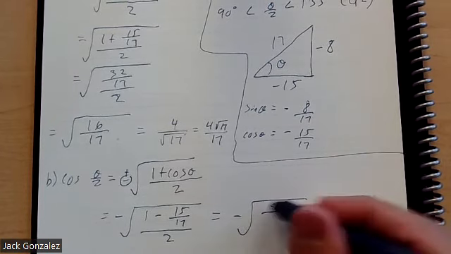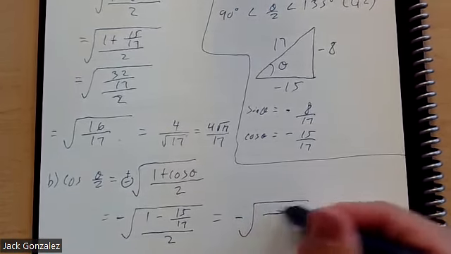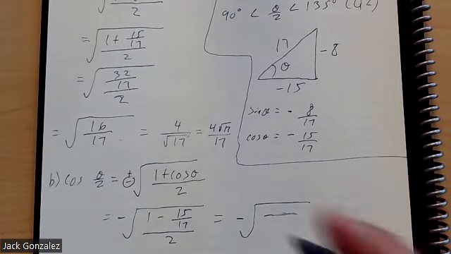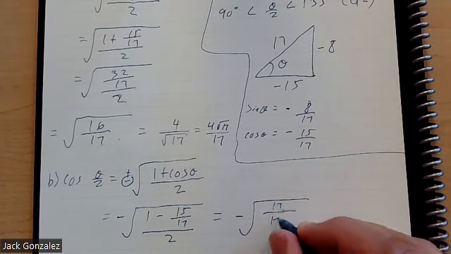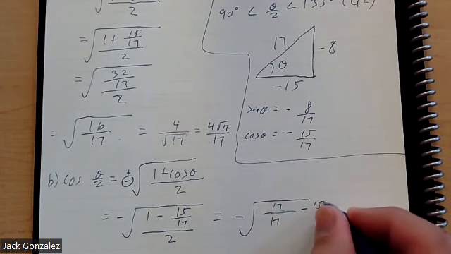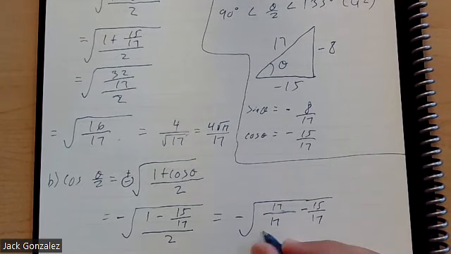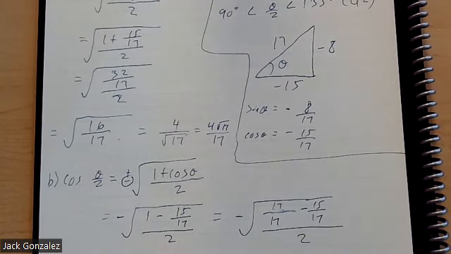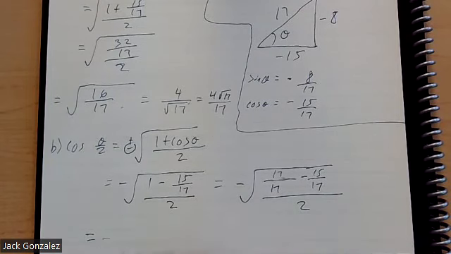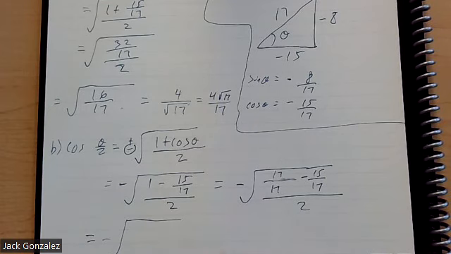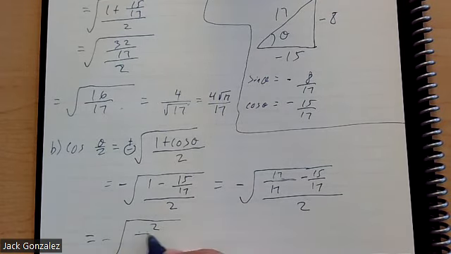Let me show the step this time. You get the common denominator, it'd be 17 minus 15, which will be 2 over 17, but the 2's will cancel in the next step.